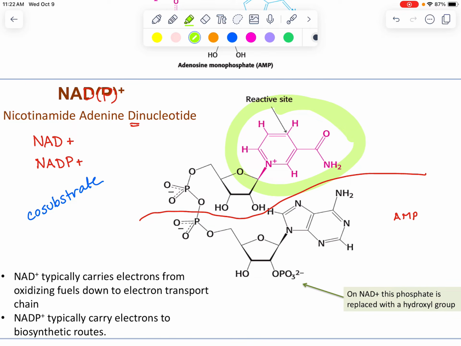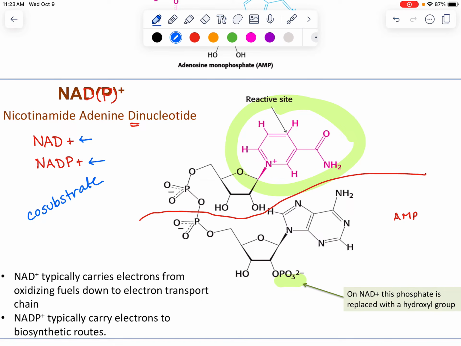I mentioned earlier that the phosphate can tag something. So if we look at this phosphate here, it turns out that NAD plus often carries electrons for oxidizing fuels. So it carries it down to the electron transport chain that we'll look at later.